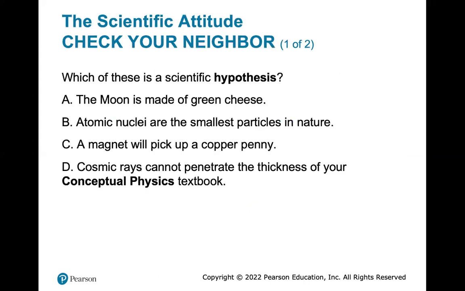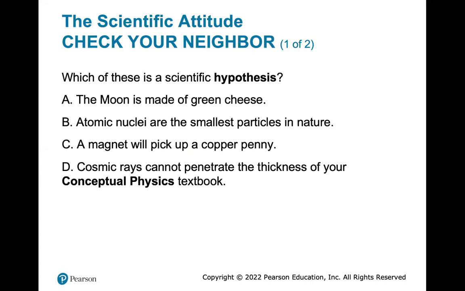Okay, which of these is a scientific hypothesis? A, the moon is made of green cheese. B, the atomic nuclei are the smallest particles in nature. C, a magnet will pick up a copper penny. And D, cosmic rays cannot penetrate the thickness of your conceptual physics textbook.